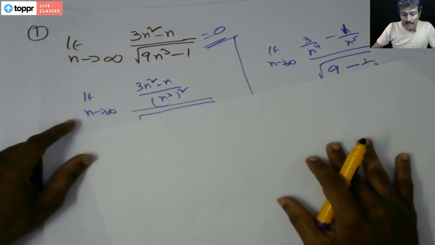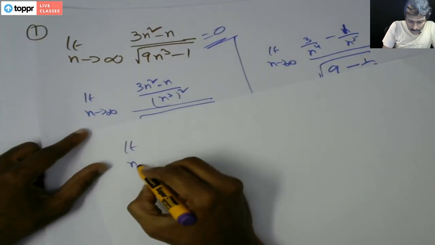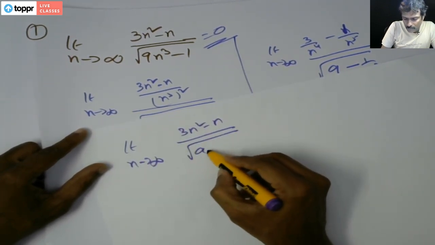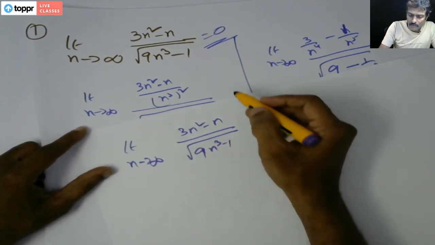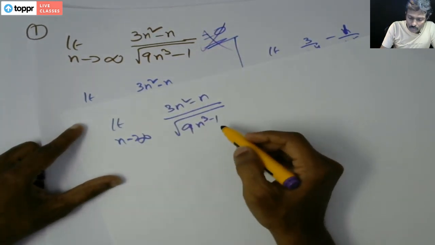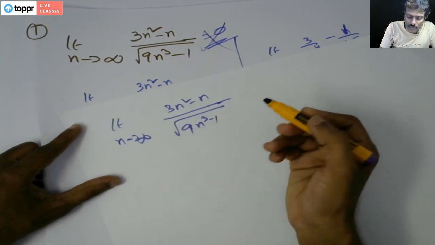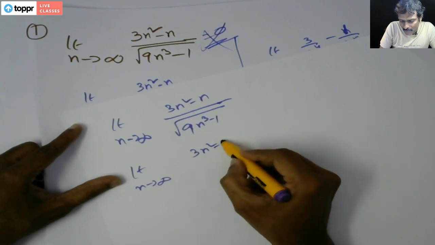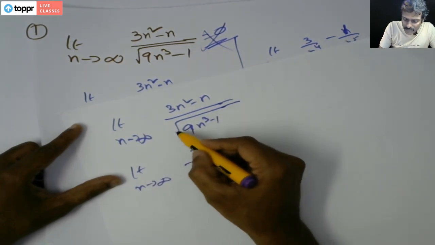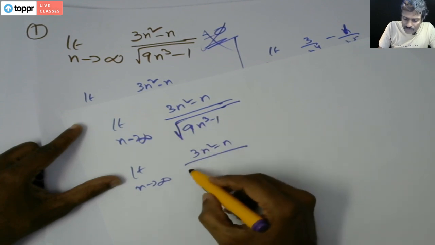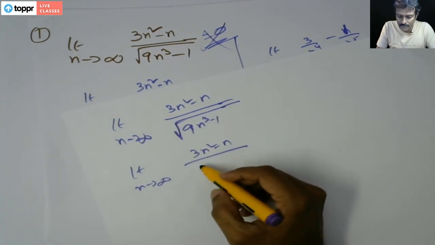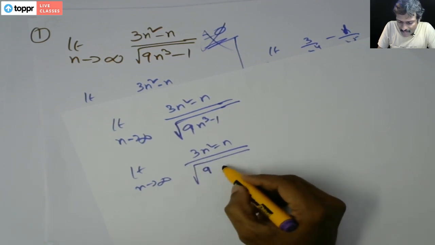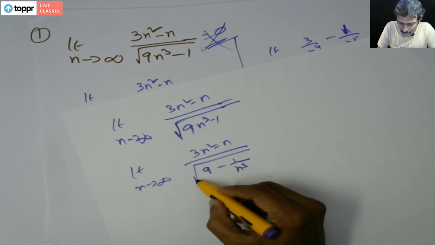I don't know how many of you have identified this. So see, this is n cube. So what exactly we can do is limit n tends to infinity. Instead of doing this, 3n square minus n by this n cube coming out of the square root, I want to make this as square root of 9 minus 1 by n cube.